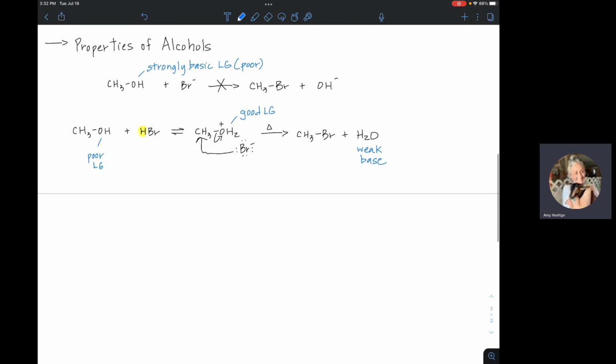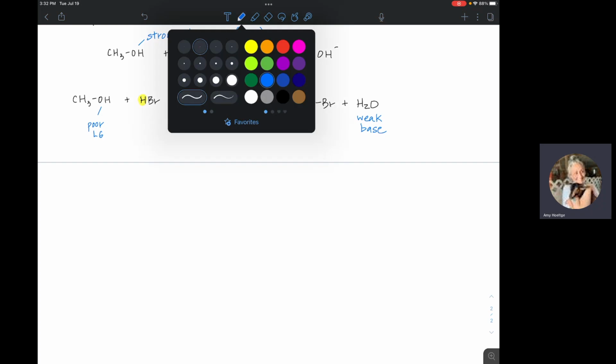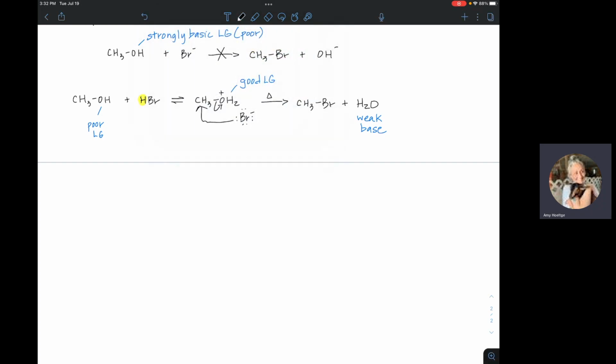So something else to keep in mind, primary, secondary, and tertiary alcohols are all able to undergo nucleophilic substitution reactions with, say, hydroiodic acid, hydrobromic acid, hydrochloric acid to form alkyl halides, like in the reaction that we just looked at. But only the tertiary alcohol is going to need to be heated.